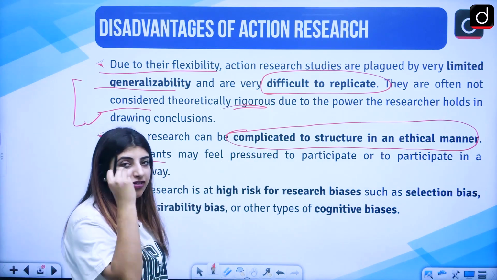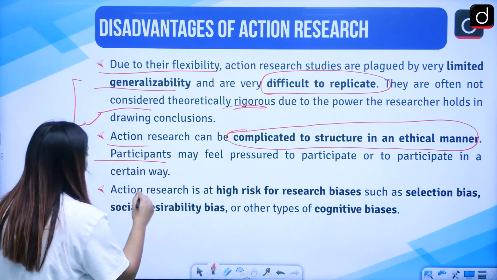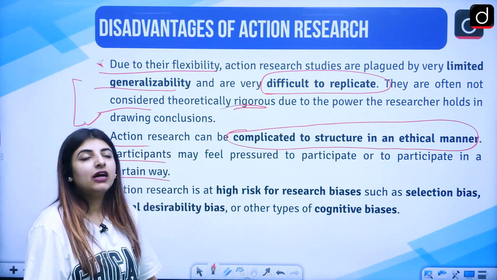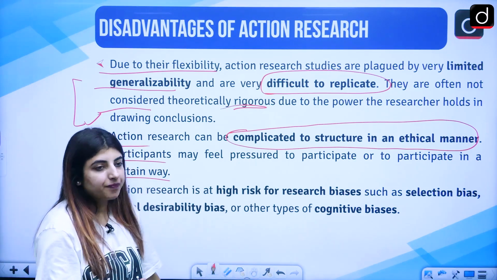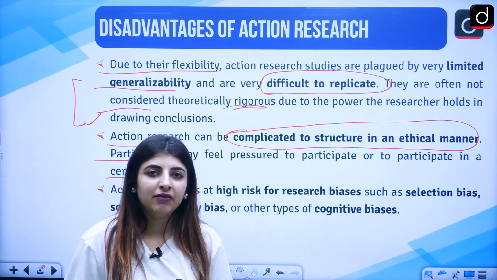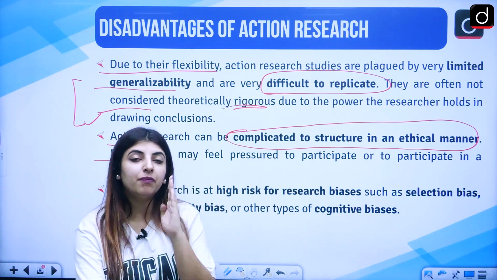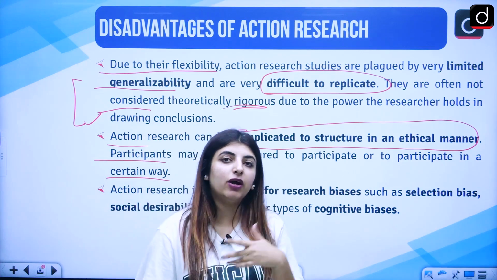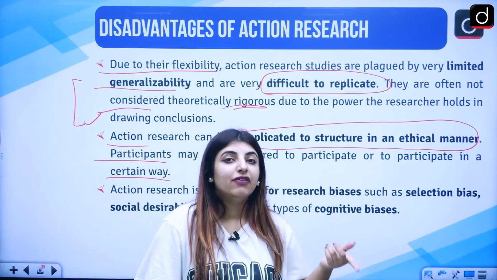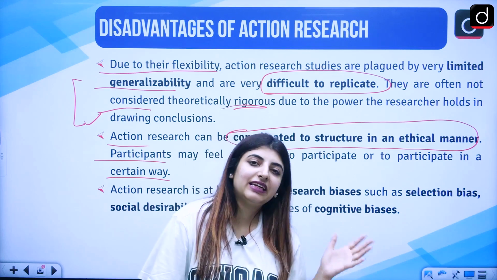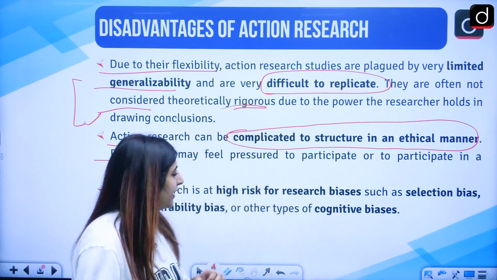Participants may feel pressured to participate, or to participate in a certain way. So if I am saying that the students are coming in my classroom, I am telling them that you are supposed to perform very well in the classroom. So apart from the class, they are also trying to learn certain things in their homes as well. Correct?